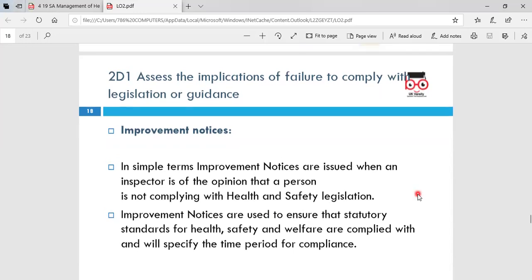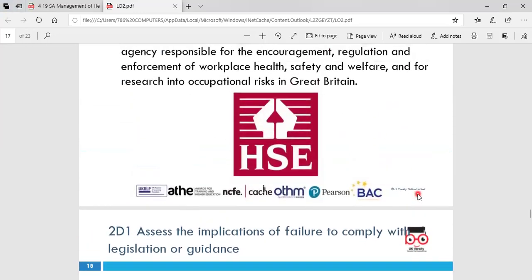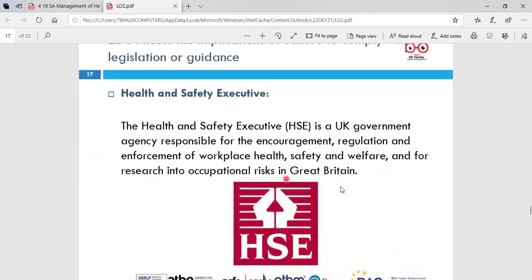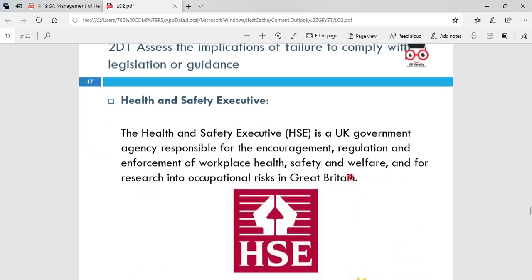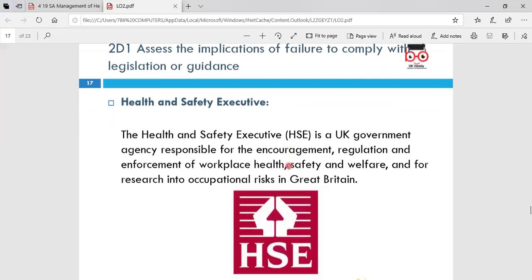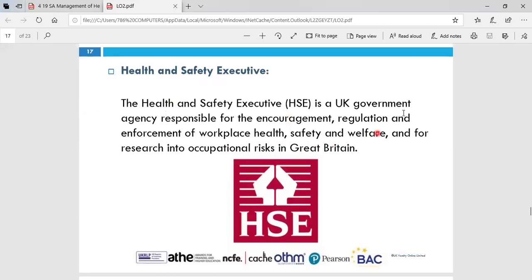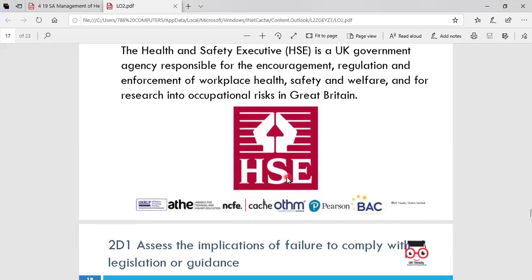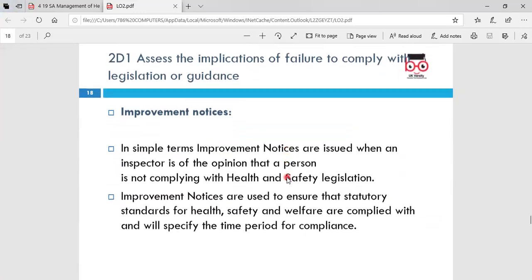The HSC works in order to avoid being non-compliant with the legislation and guidance. They have expert opinions there, and they can support you or your organization to work through it.